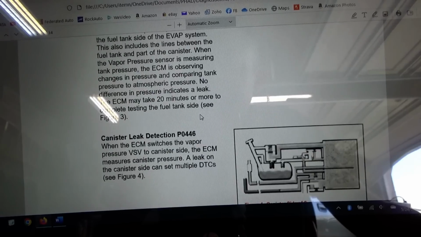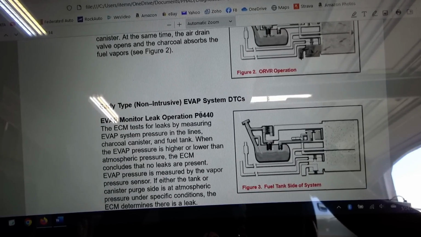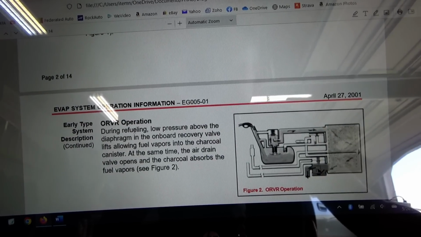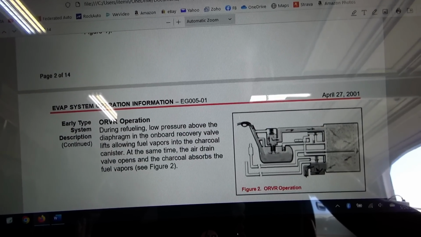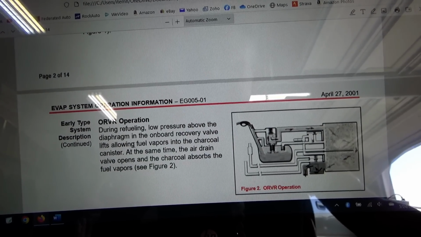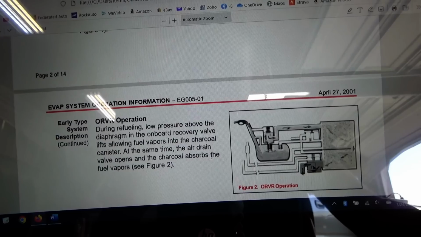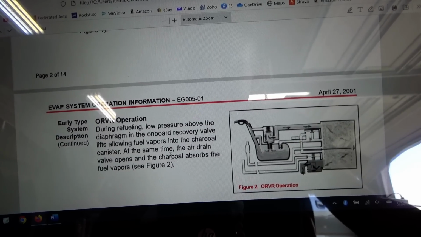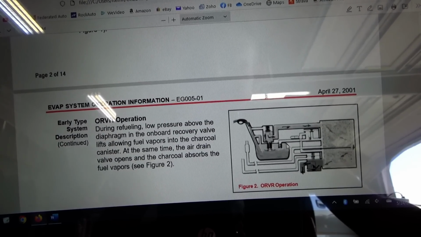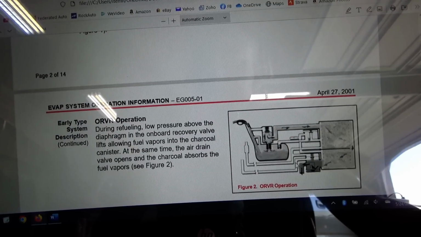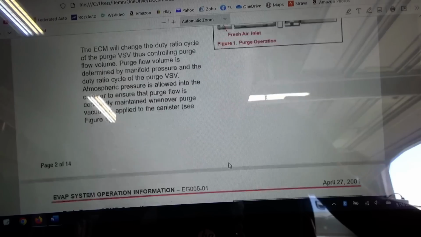So for the early type, during refueling, low pressure above the diaphragm in the onboard recovery valve lifts, allowing fuel vapors into the charcoal canister. At the same time, the air drain valve opens and charcoal absorbs fuel vapors. So this is the same for both early and late systems, and it has nothing to do with the solenoids. Okay?